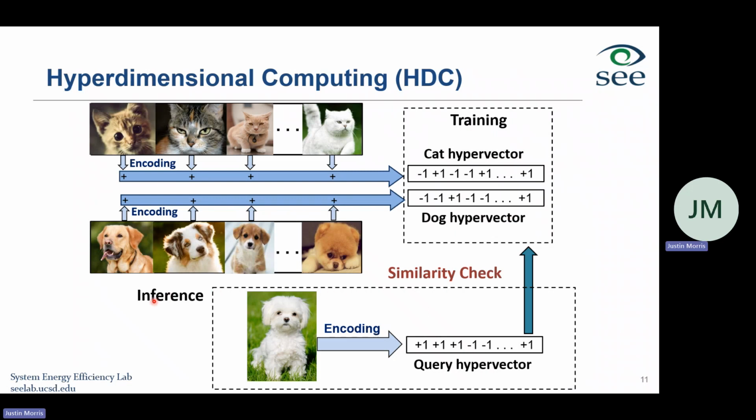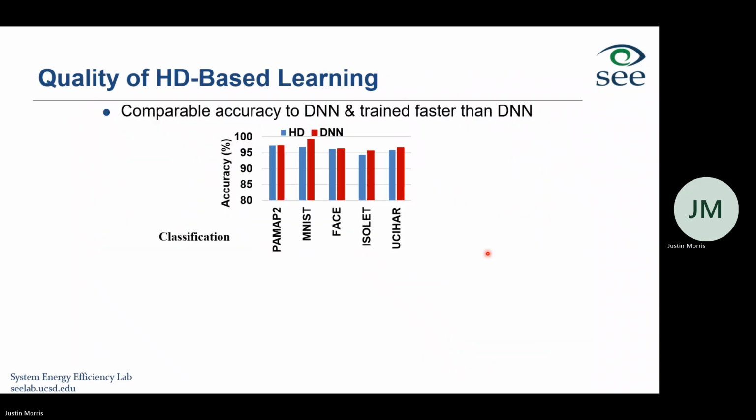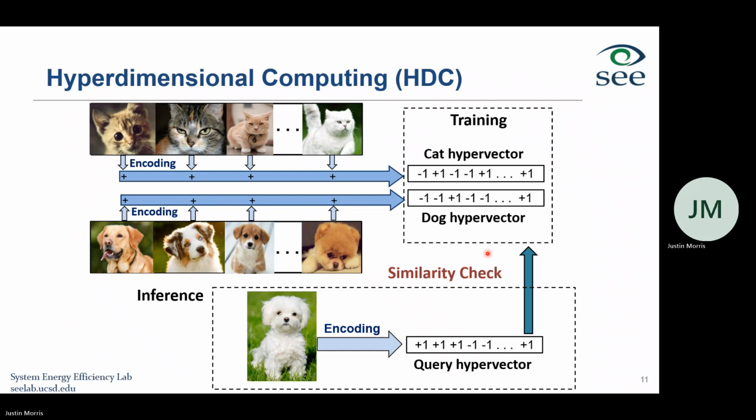We just simply encode all of those images of birds with the same encoding, bundle them all up, and we get a new class hypervector called the bird hypervector. But for traditional machine learning, you have to retrain all of your weights, right? It just adds more memory, like we would add a third hypervector.